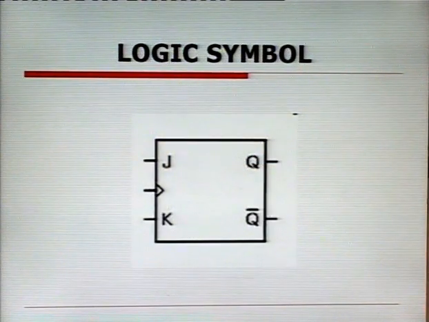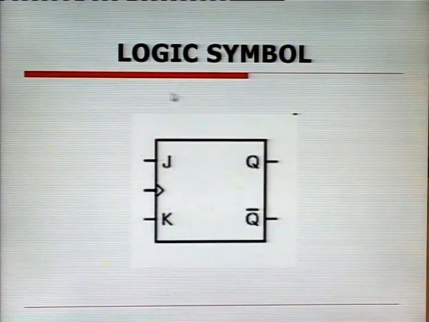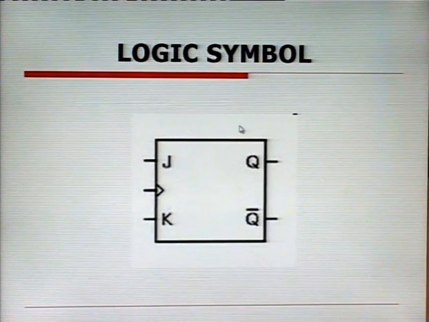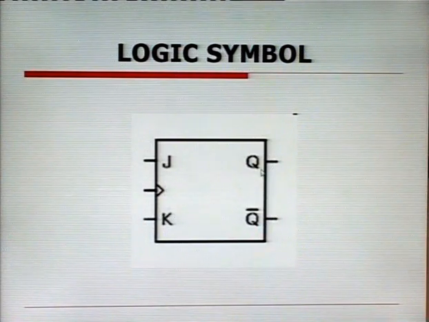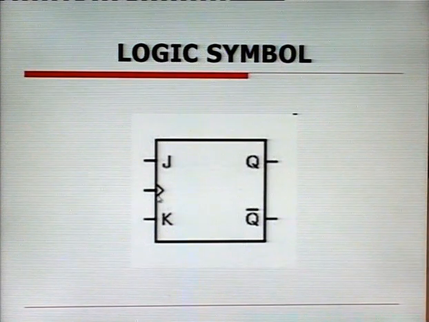Now, in this slide we are showing the logic symbol of the JK flip flop. We have two inputs, input J and input K. We have two outputs, output Q and output Q bar, and we have a third input as the clock input.